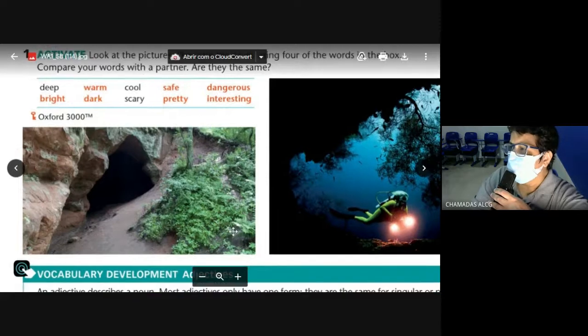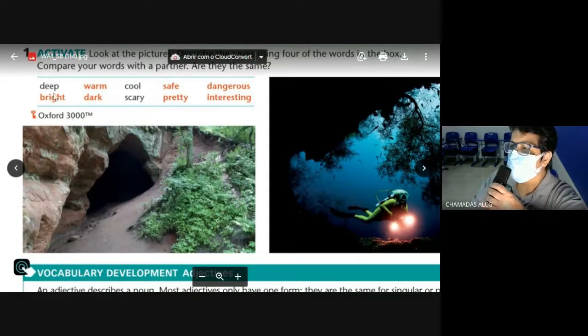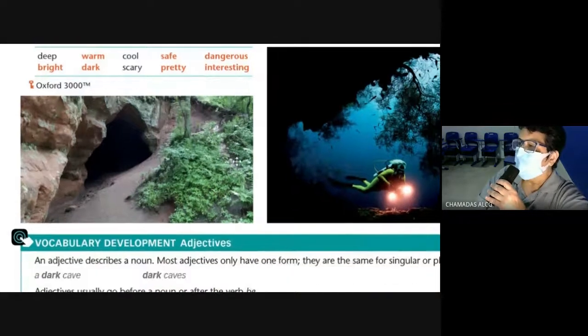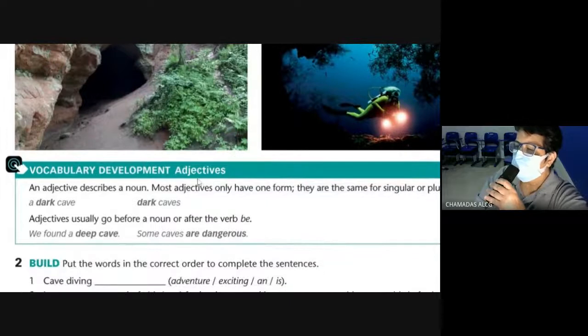All right, people. So here we have the words deep, bright, warm, dark, cool, scary, safe, pretty, dangerous, and interesting. Let's take a look here, guys.